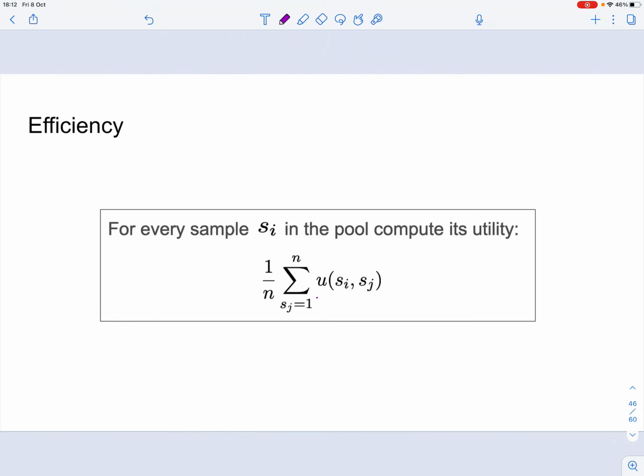To illustrate these two points, first of all, let's talk about the model samples. Because MBR operates on a pool of samples of size 100, for instance, this means that 100 samples need to be drawn independently from the model. They can be drawn at the same time, but still you need to sample 100 times from the model. And then secondly, the number of times that the utility function needs to be called.